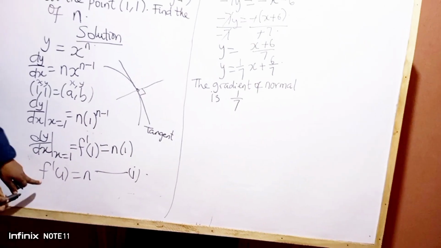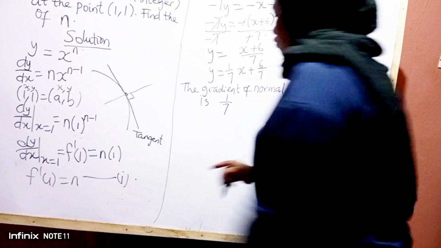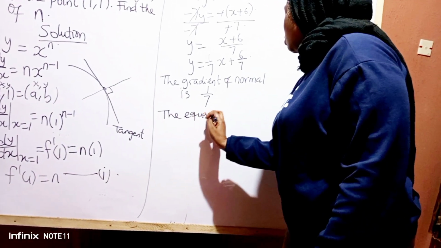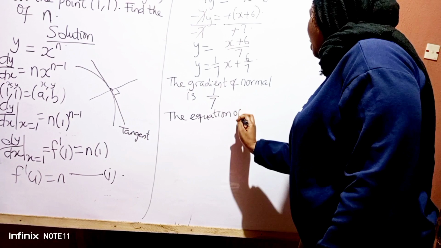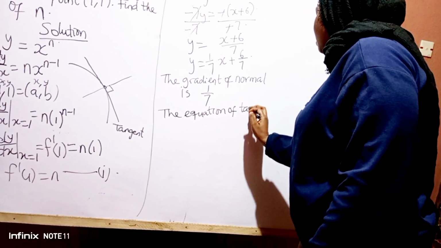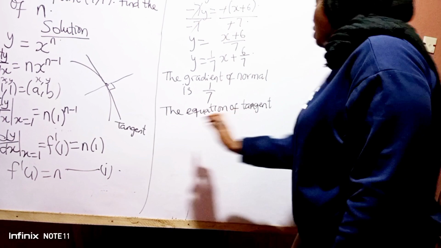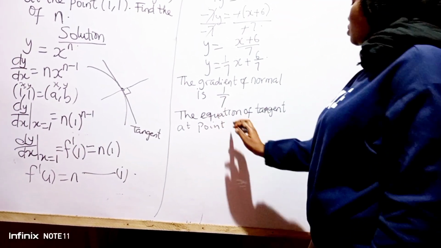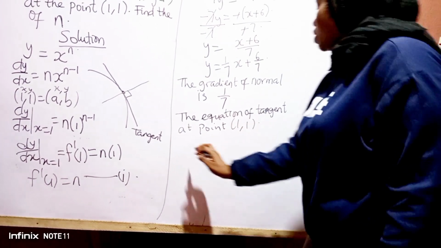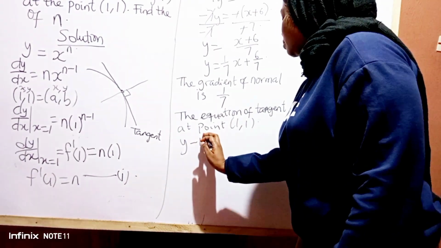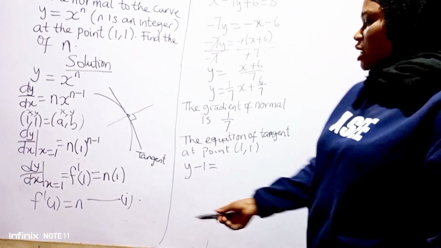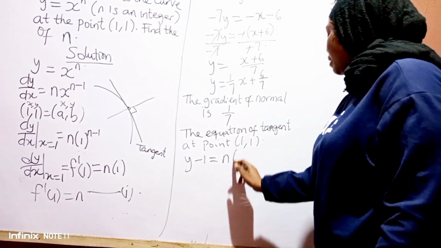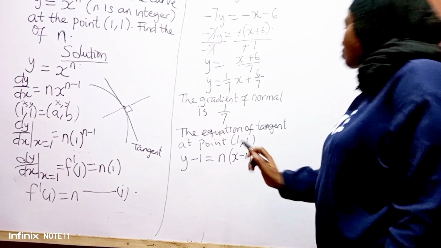So from here, let's find the equation of the tangent at point 1, 1: y minus 1 is equal to, we have gotten the gradient to be n, multiplied by x minus 1.